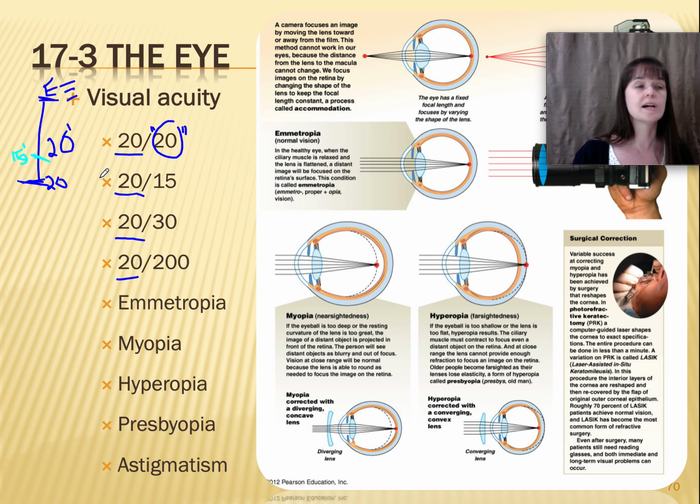So normal people have to get closer to it to see as well as you see it, then you have better than normal vision. So 20/15 is better than normal vision. 20/20 is normal, with quotes.